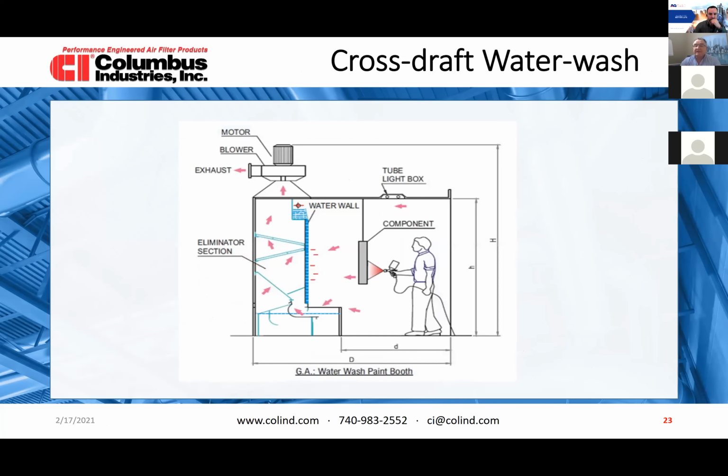The cross-draft water wash systems, they call them cross-draft, but most of these that I've seen are what is called a hybrid cross-draft, because in a fully cross-draft the air would be horizontal. In a lot of these, I would see air coming in the back of the booth and then going 90 degrees here.